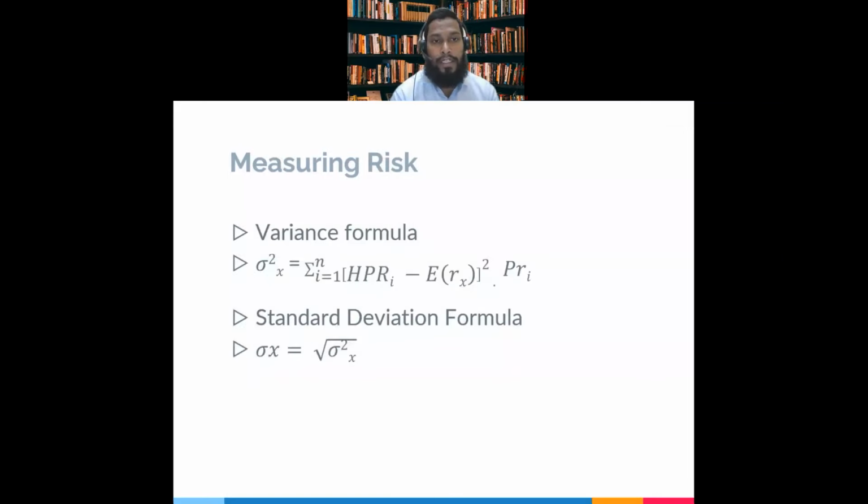So to measure the risk, we need to get the variance first, and after we get the variance, we just square root it. So standard deviation is actually the square root of the variance.